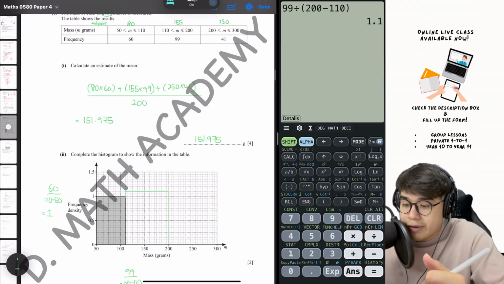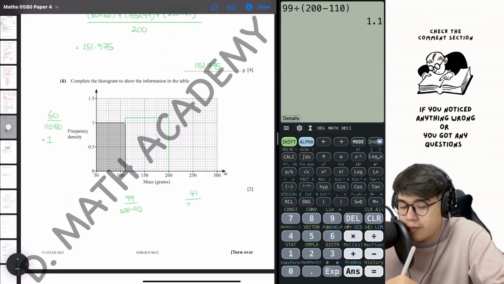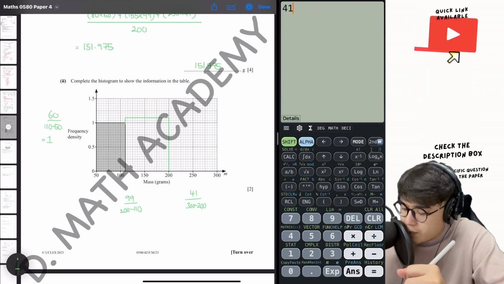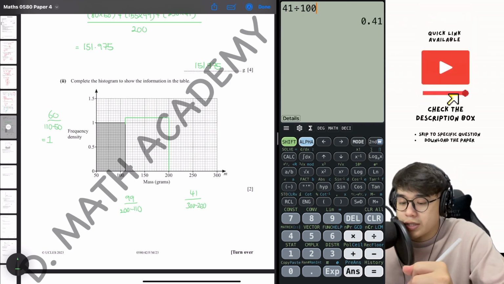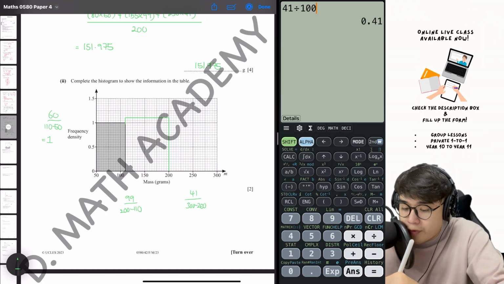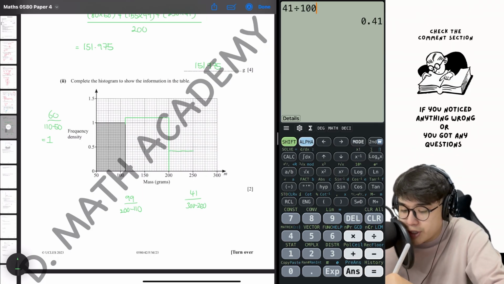And then the last part, you have 41, and we are dealing with 300 minus 200. Basically 41 over 100, you will get the result as 0.41. 0.41 means that it exceeded 4 by a very thin margin.